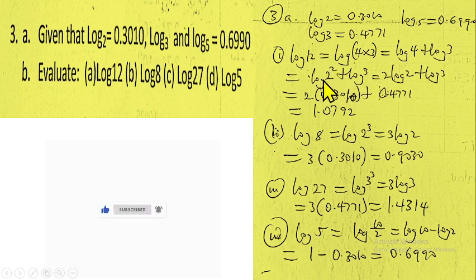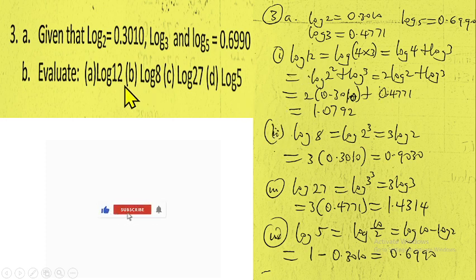And the law of logarithm says that the power can go to the front of the log. That means you have 2 log 2 plus log 3. We know the value of log 2. That gives us 2 times 0.3010 plus log of 3, which is 0.4771. If you simplify this further, you have 1.0792 as the log of 12.